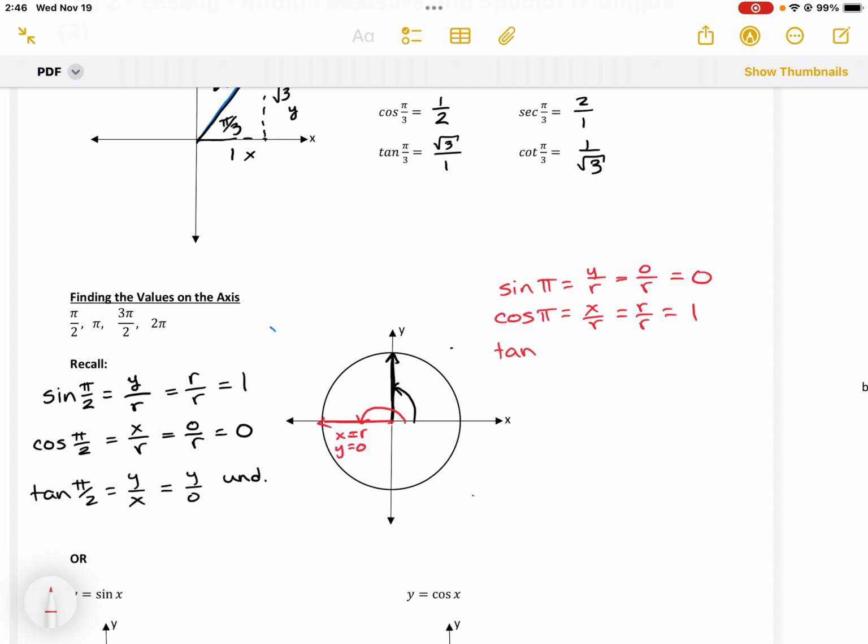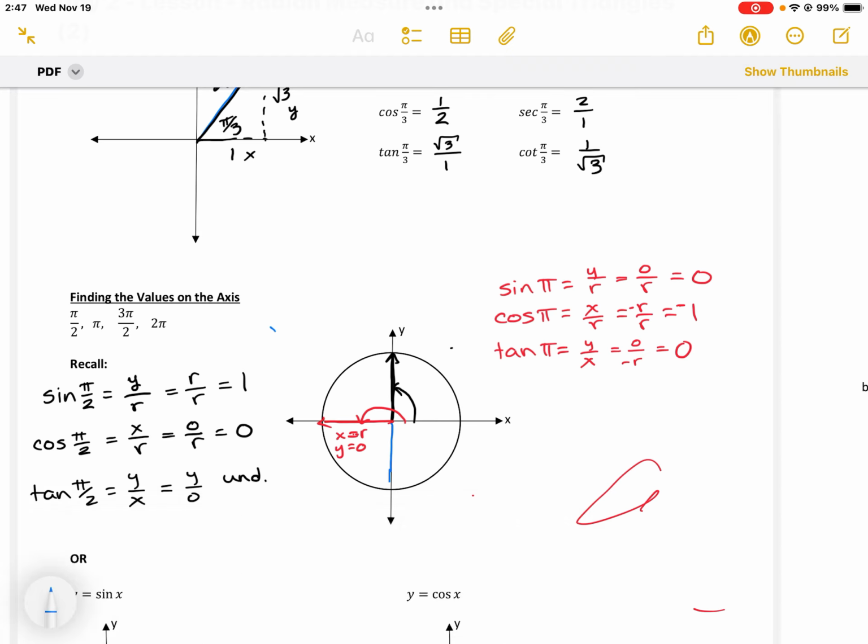So I've got x is equal to minus r, which means that cosine of pi is -1. Tan of pi would be equal to y over x. In this case, y is 0, and x is equal to minus r, so tan of pi will be equal to 0.